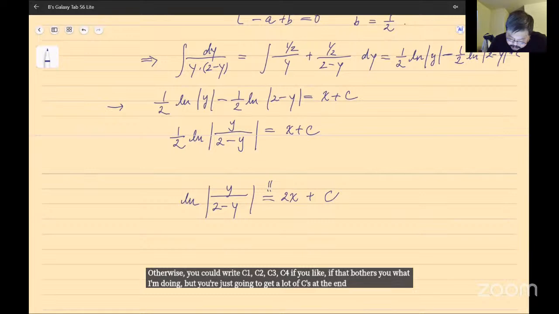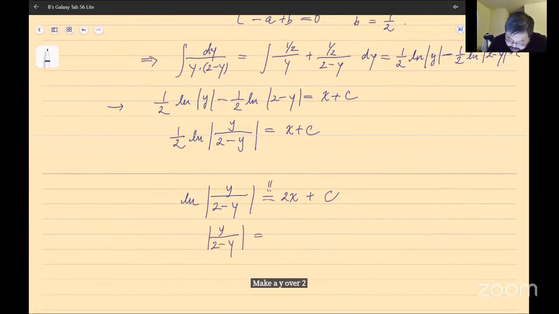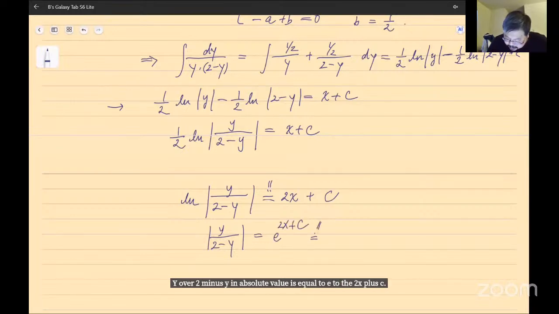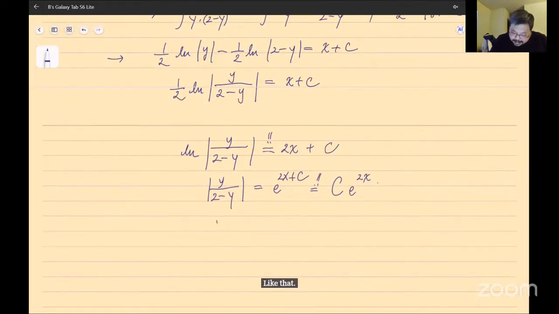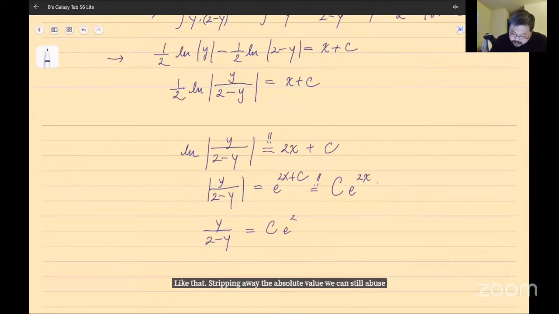Then let me exponentiate both sides. You get y over 2 minus y in absolute value is equal to e to the 2x plus c. Again, abusing the constants, e to the c is just going to be another constant, c e to the 2x, like that. Stripping away the absolute value, we can still abuse the constant, like so.